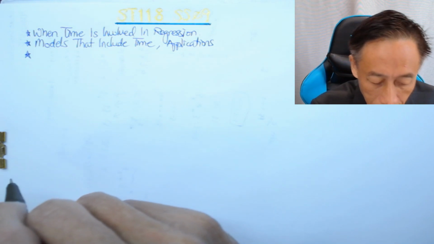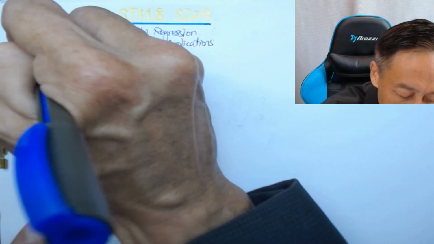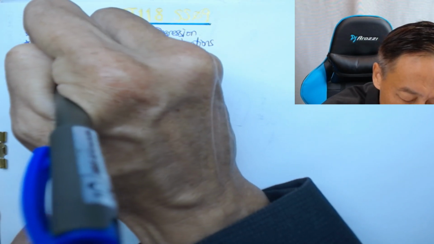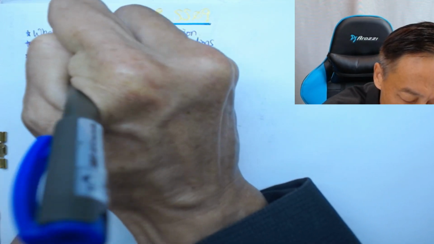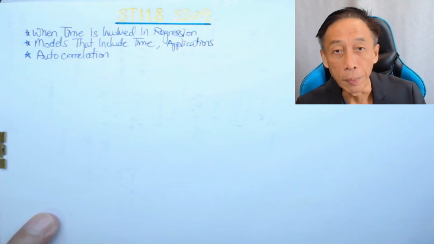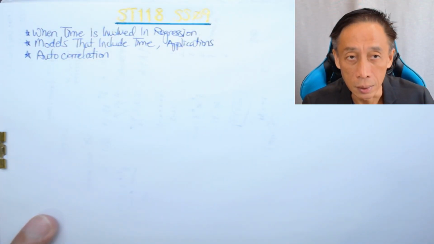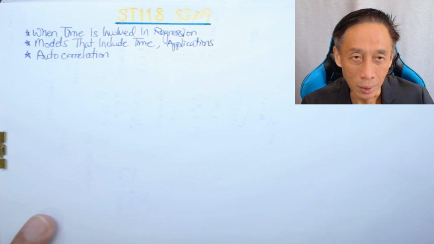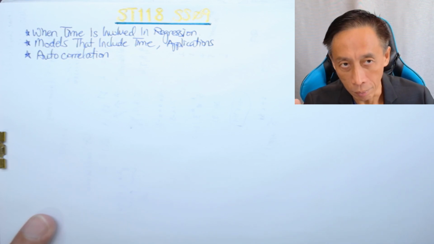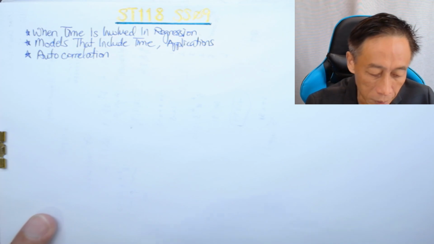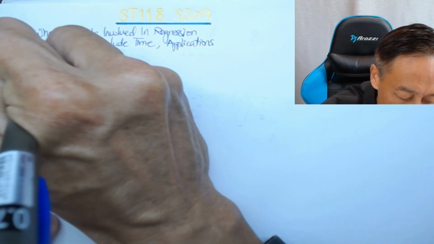And we would then talk about autocorrelation as a property that is causing issues, and therefore we have to pay attention to it when we put in time as one of our explanatory variables.